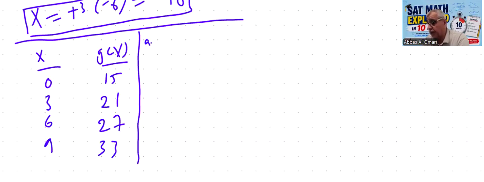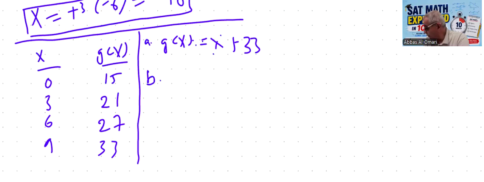A: G of X equals X plus 33. B: G of X equals 2X plus 15.